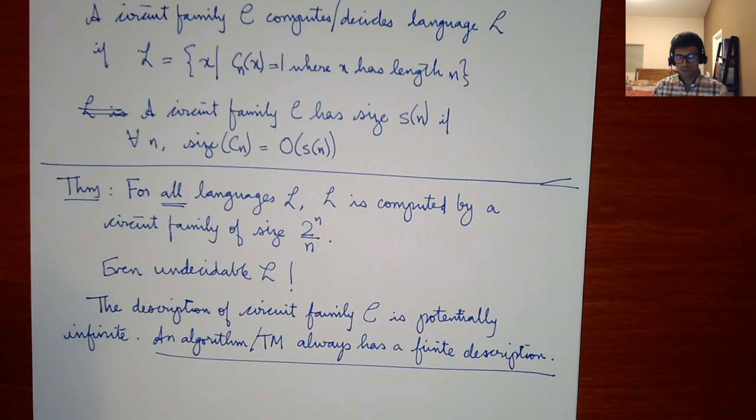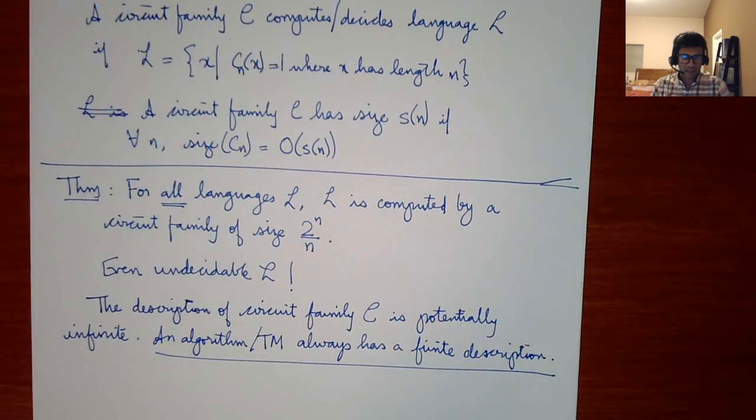So you have a finite set of instructions to deal with all possible sizes of inputs. With a circuit, you actually get to specify a different program for every possible size. So it's not a finite description. You're actually giving an infinite description. You see what I'm saying, right?